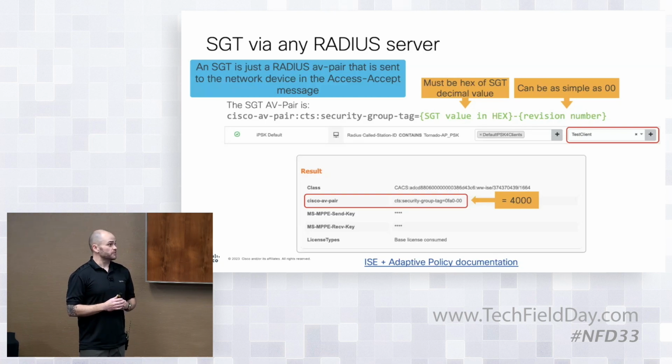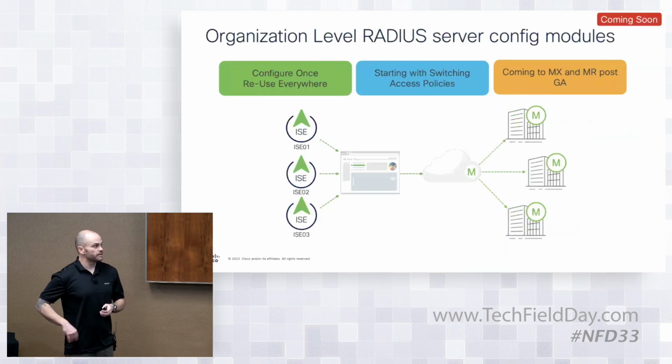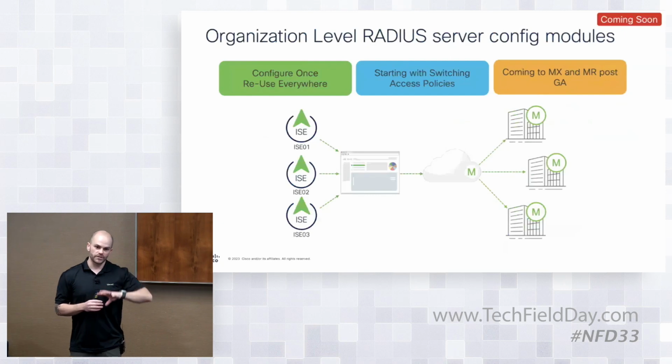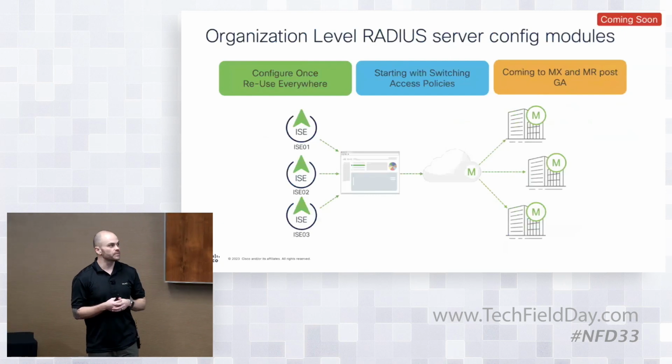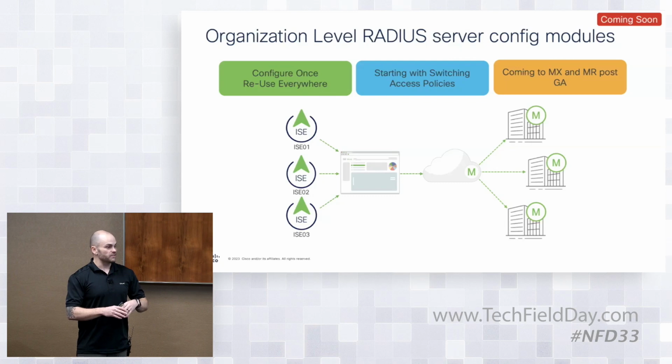Now, speaking to the RADIUS conversation, because I like RADIUS quite a bit, I've been working on this with a number of folks within Meraki, and it's taking things that we constantly configure and trying to put them at the organization level. RADIUS is so painful if you have to configure it 1,000 times because you have, let's say, 1,000 networks.